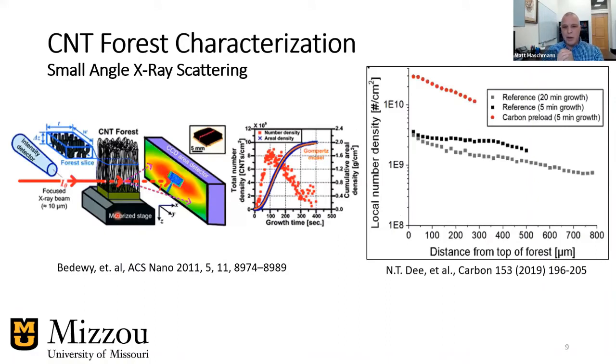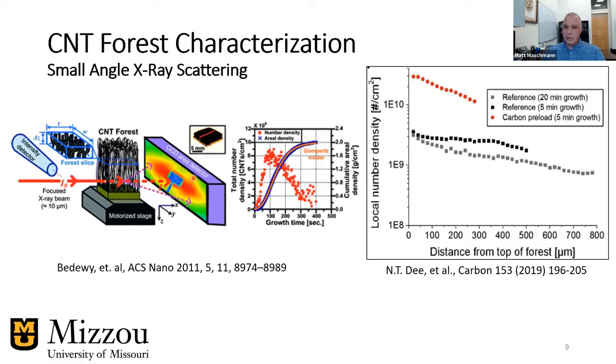Another way is small angle X-ray scattering. So this is a very powerful technique. Unfortunately, you need a synchrotron to make it work. But this is something that John Hart, who is now up at MIT, really pioneered and got some very useful information from this technique. So the way it works is you have a very focused high intensity X-ray beam. It penetrates through your carbon nanotubes, and you look at the scattering pattern, and you can extract a lot of parameters.